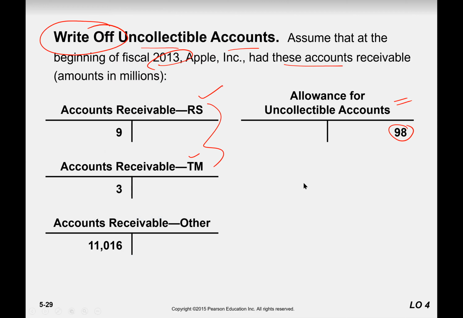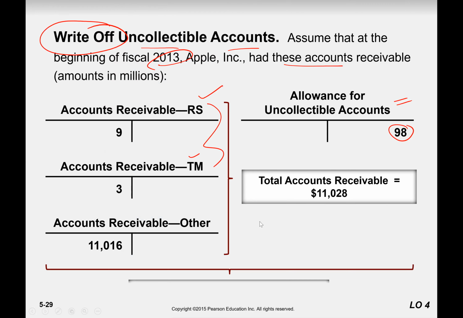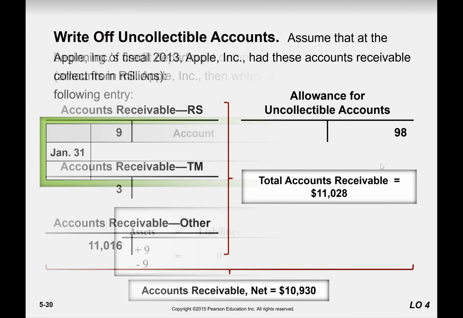So total accounts receivable are 11,028 million. And the net realizable value is 11,000 minus this allowance of 98. The answer would be this amount.